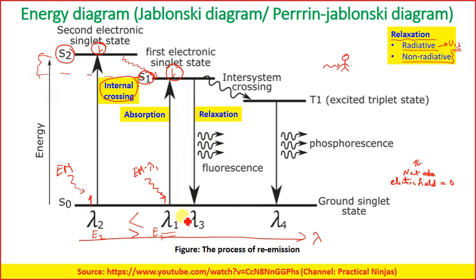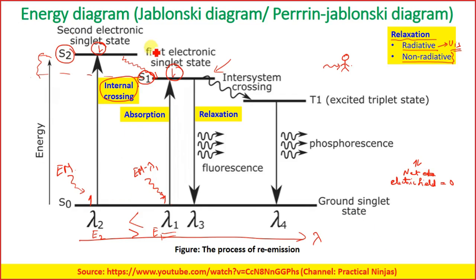So from lambda 1 also, as you give another electromagnetic radiation, lambda 1, you can go to the S1 state, the first electronic singlet state. For coming to this state, we can have two processes. First, we make the system incident with an electromagnetic radiation of higher energy.